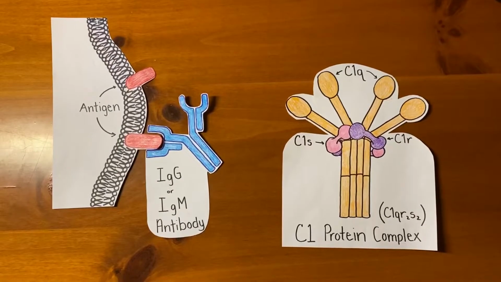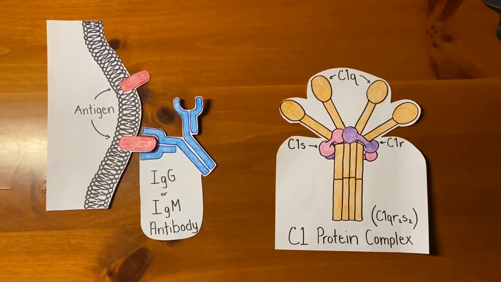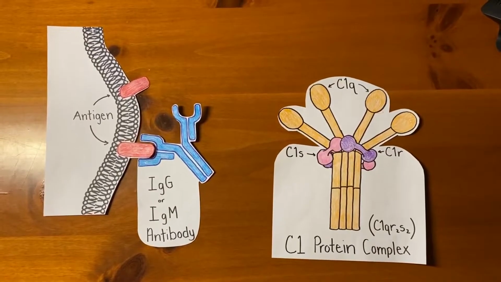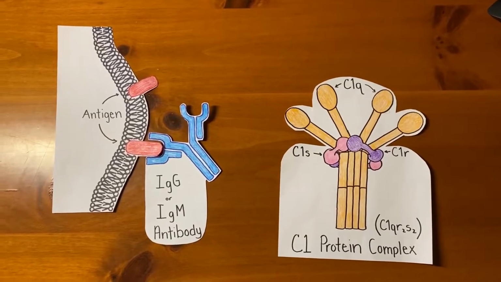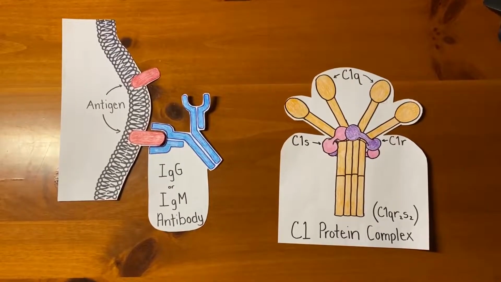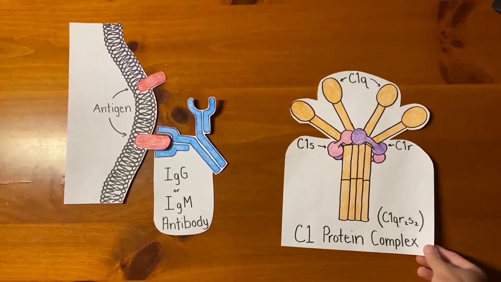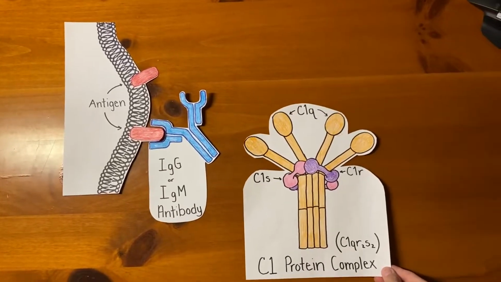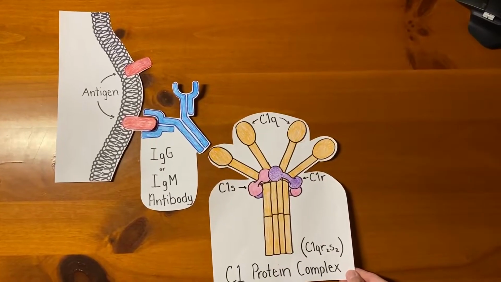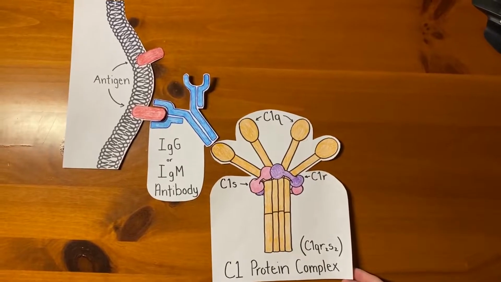The C1 protein complex is comprised of a C1Q subcomponent, 2 C1R subcomponents, and 2 C1S subcomponents. C1Q attaches to the antibody, while the C1R2 and C1S2 cleaves.